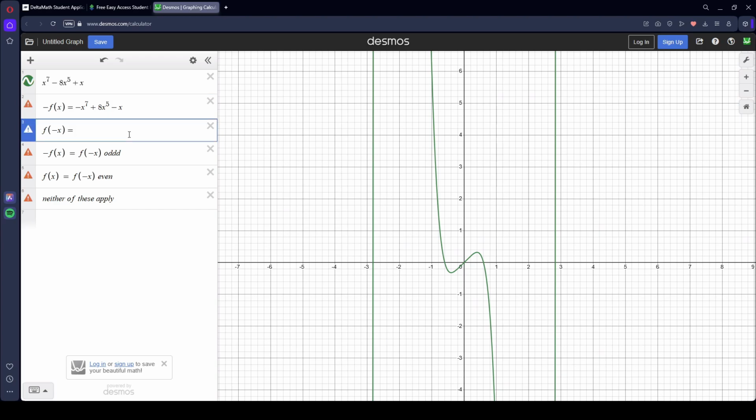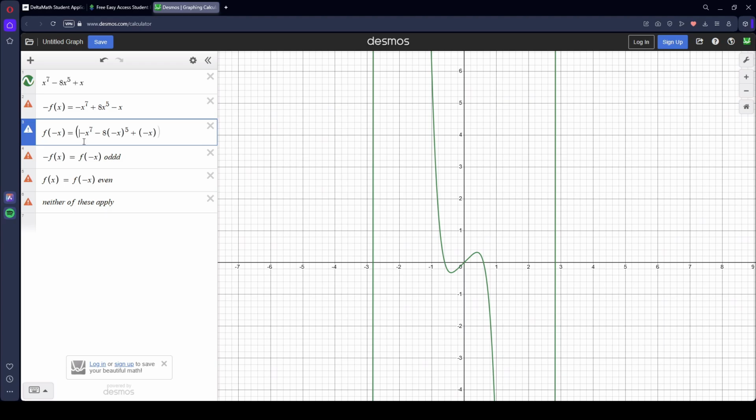Negative x to the power 7. Minus negative 8 to the power negative x power 5 plus negative x, right? Okay, let's simplify this.